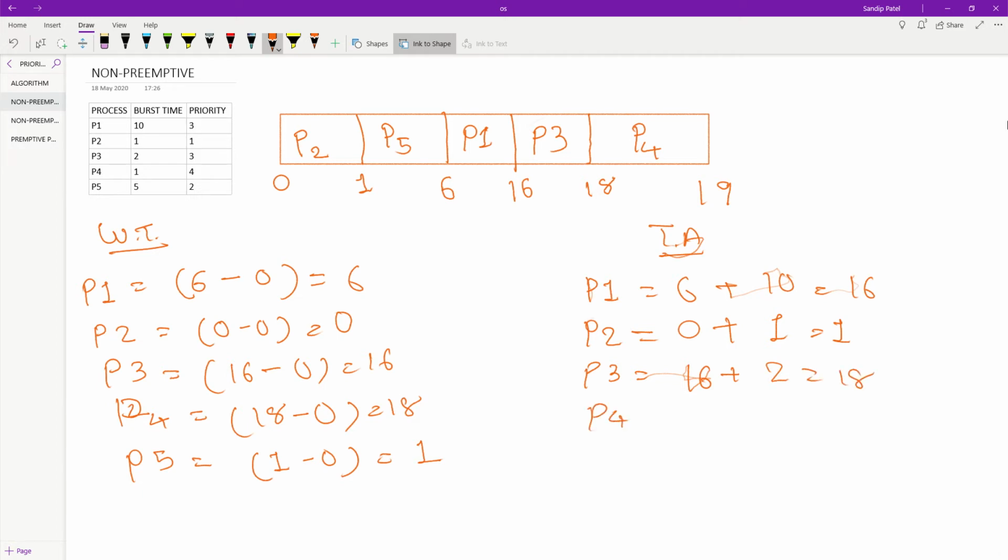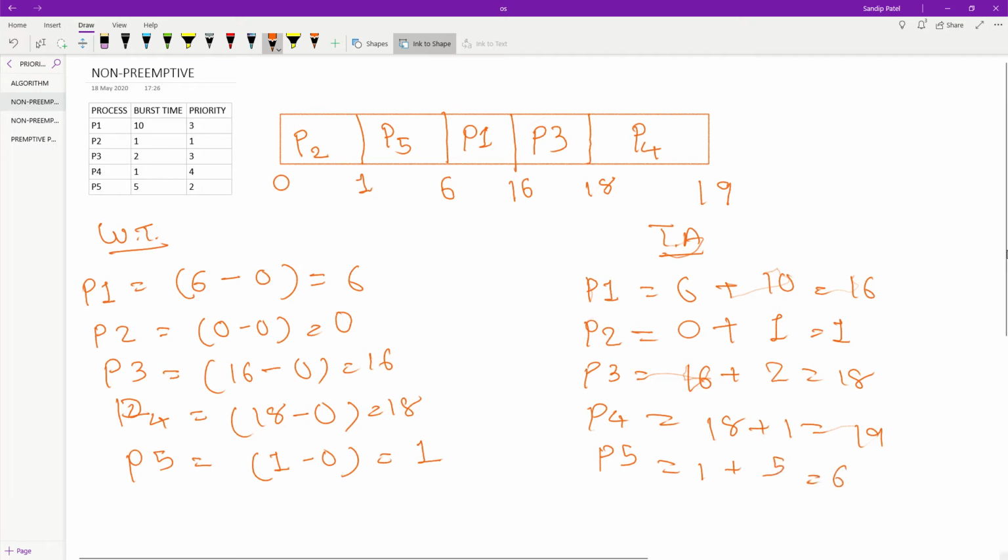P4: 18 plus 1, that is equal to 19. And P5: 1 plus 5, that is equal to 6.